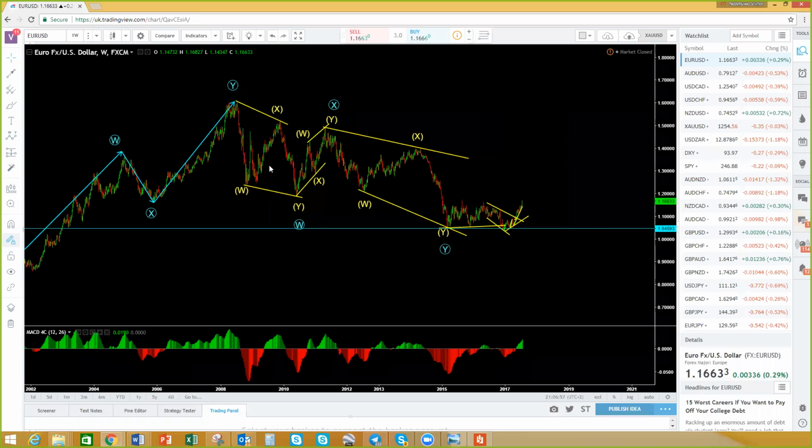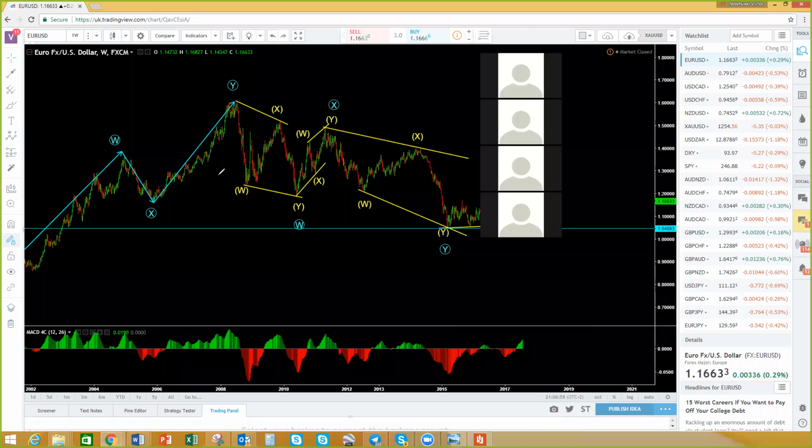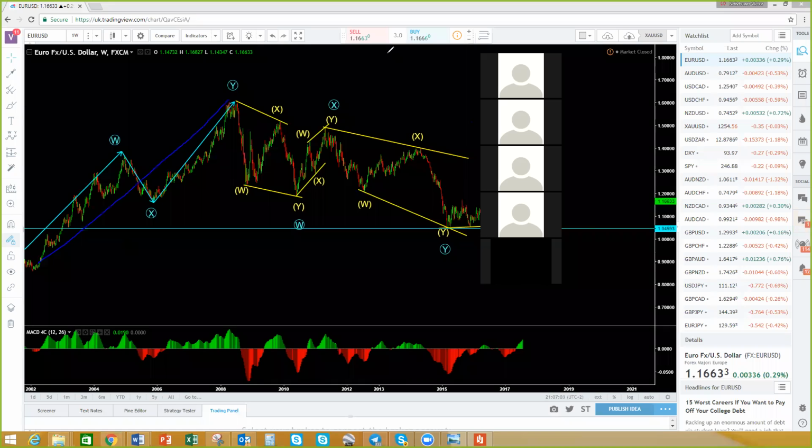Just make it thick. Remember my impulse. Actually, I should do this in blue so you can see the corrections in blue, because I'm in the blue degree now, right?